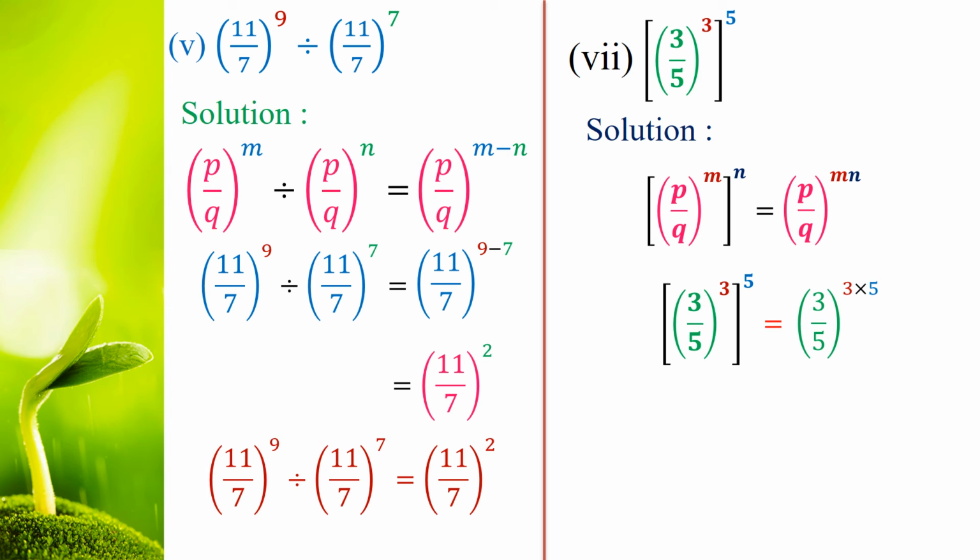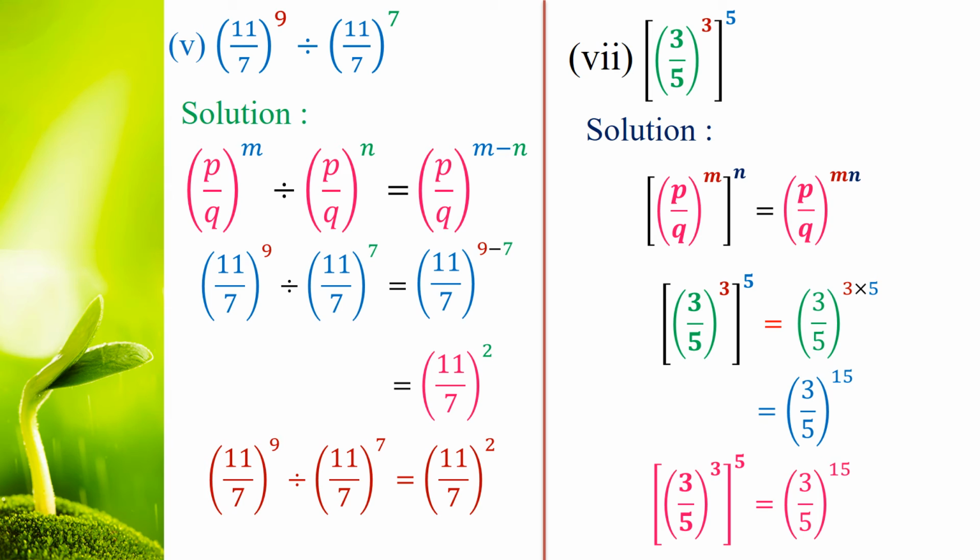Place the same base 3/5. We should multiply the powers 3 into 5. So, we will get (3/5)^15. ((3/5)^3)^5 equals (3/5)^15.